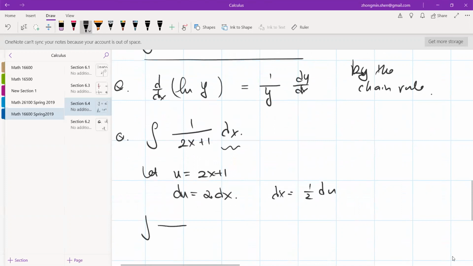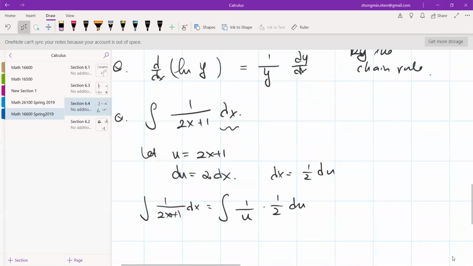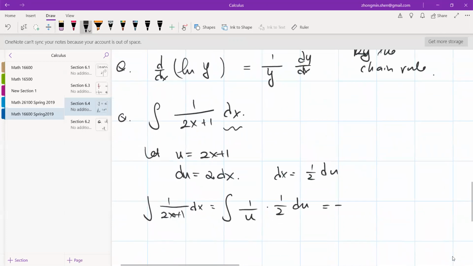So the integral becomes 1 over u, right? But dx is half of du. Then you can use the above formula, half of, right? So this part you can use the formula. Only after you simplify to this level can you apply the above formula.